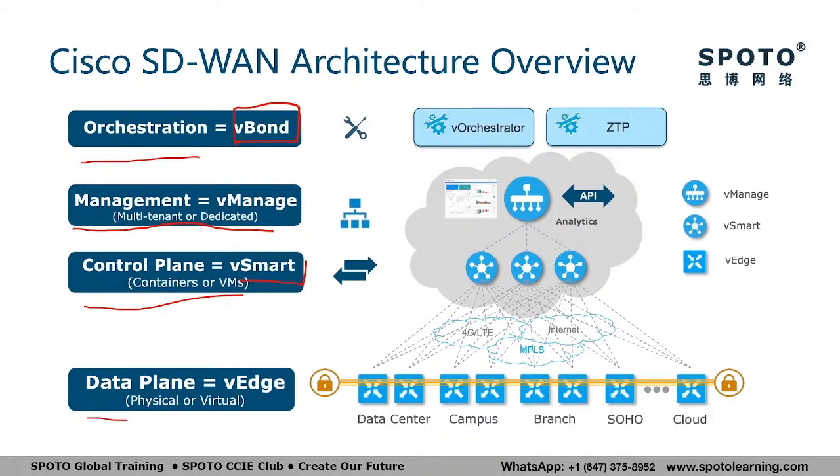The last one is the data plane. The data plane is responsible for forwarding packets based on decisions from the control plane. The vEdge can be deployed as physical or virtual. This is Cisco's SD-WAN architecture overview.